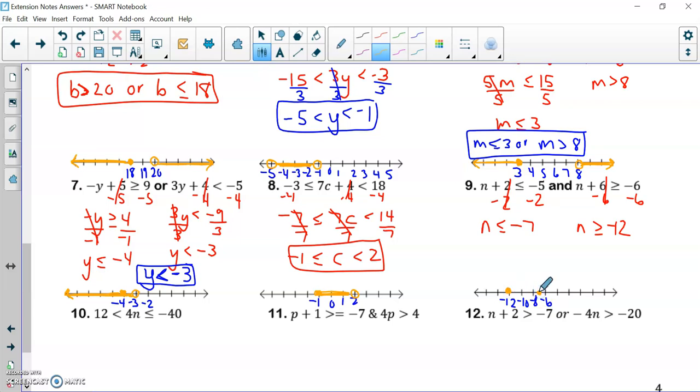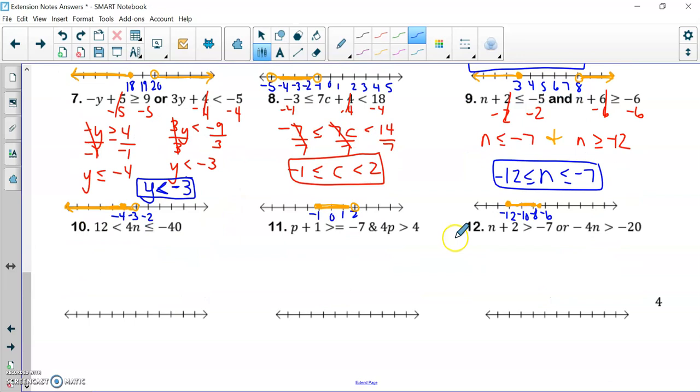I want n to be greater than negative 12 and n to be less than negative 7, so I shade in between. I can either write it with the and symbol in between, or I can write it as this compound inequality, like this. That's my answer.